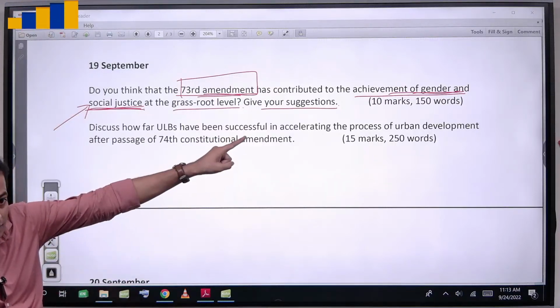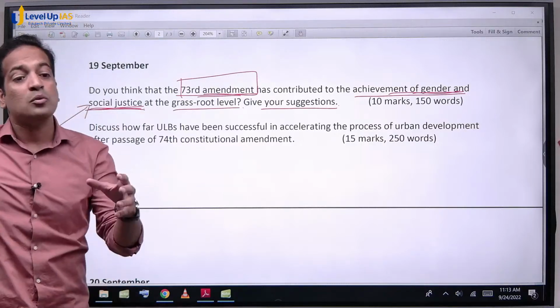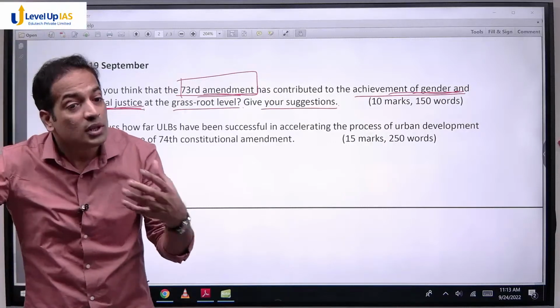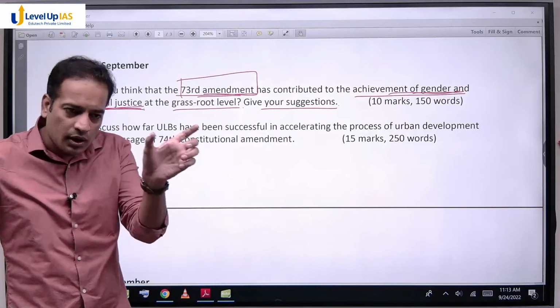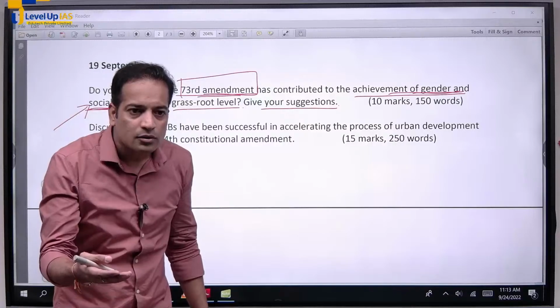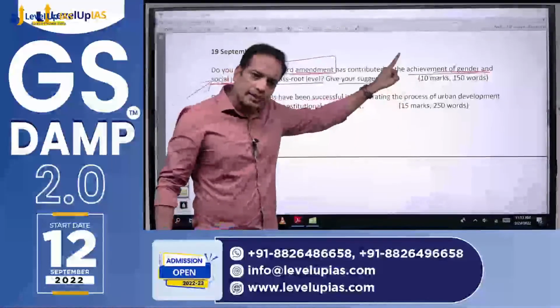What is that? Gender justice. So this is how we have to mold the same content as per the question's demand. Your content will remain the same, but you have to argue in a manner so that the key demand of the question gets addressed.